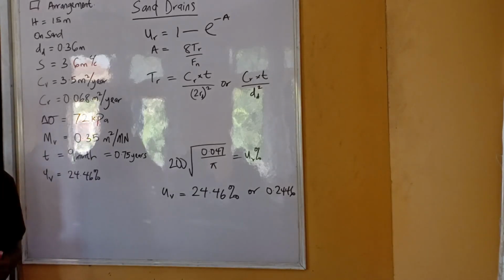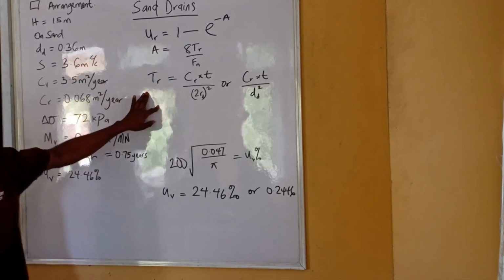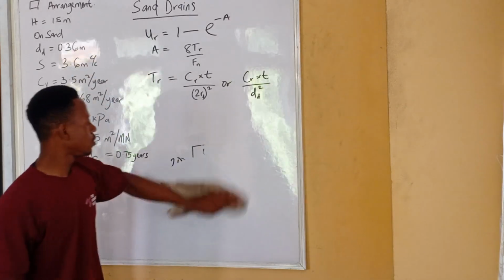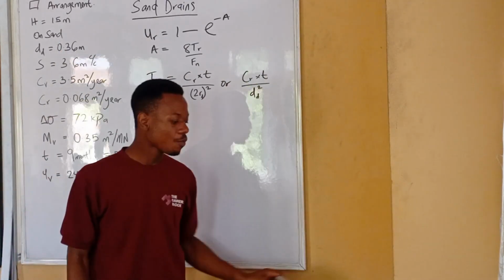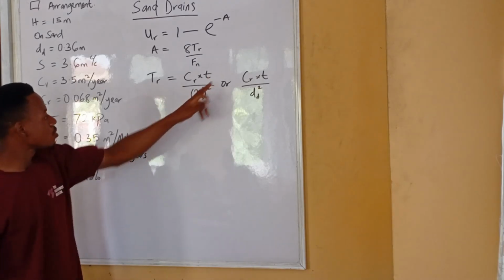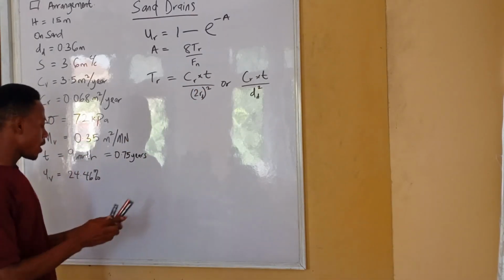So this is the formula of our TR. And from here we can find our TR, because we know this one, this one, and this one. So let's substitute.